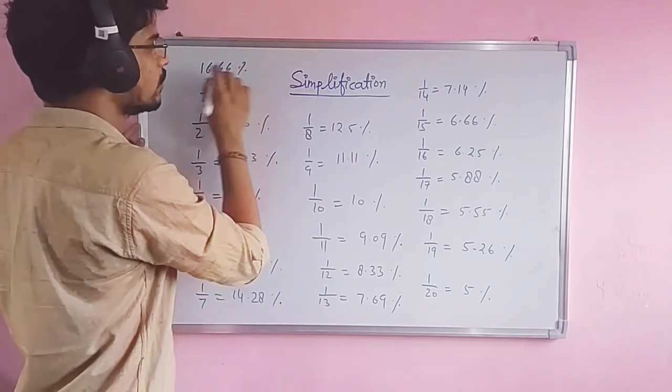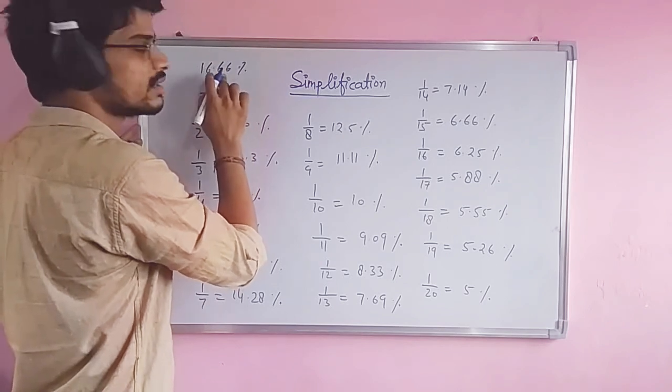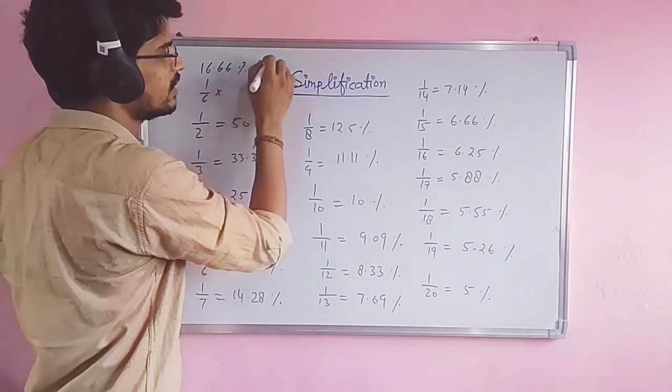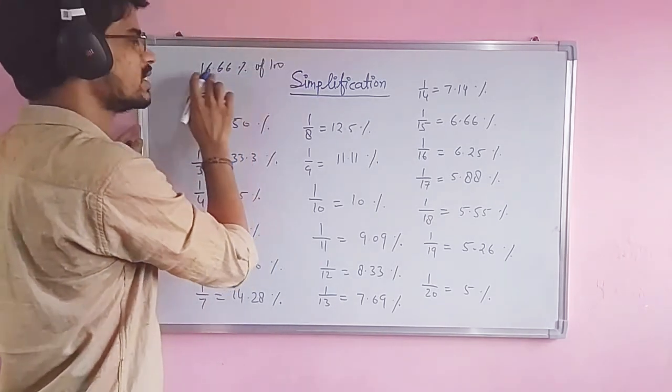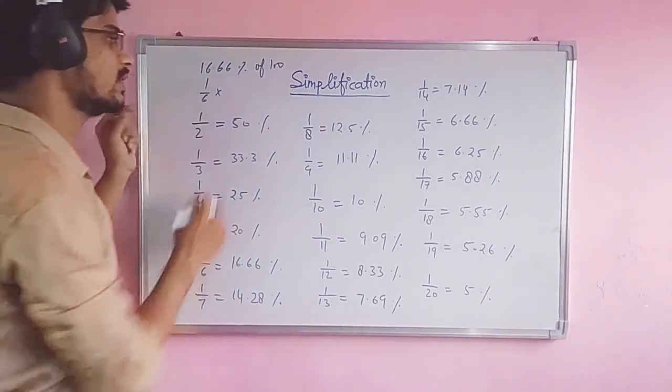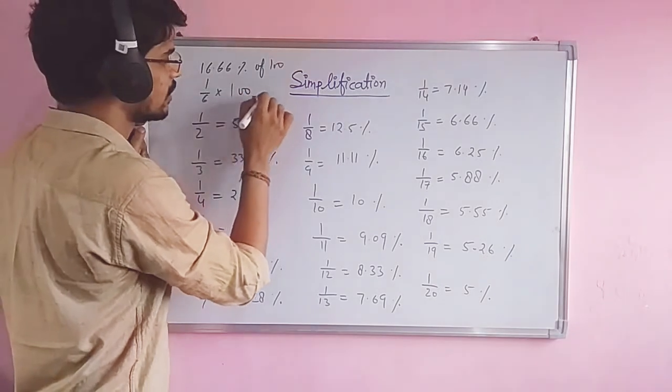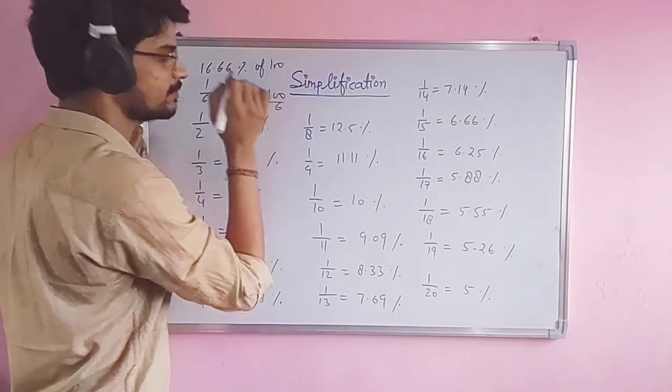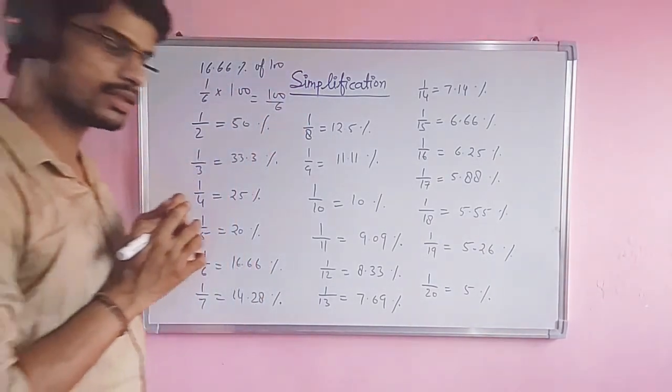If we want to calculate 16.66 percent of 100, then we replace 16.66 by its fractional value, that is 1 by 6 into 100, that is 100 by 6. Clear?